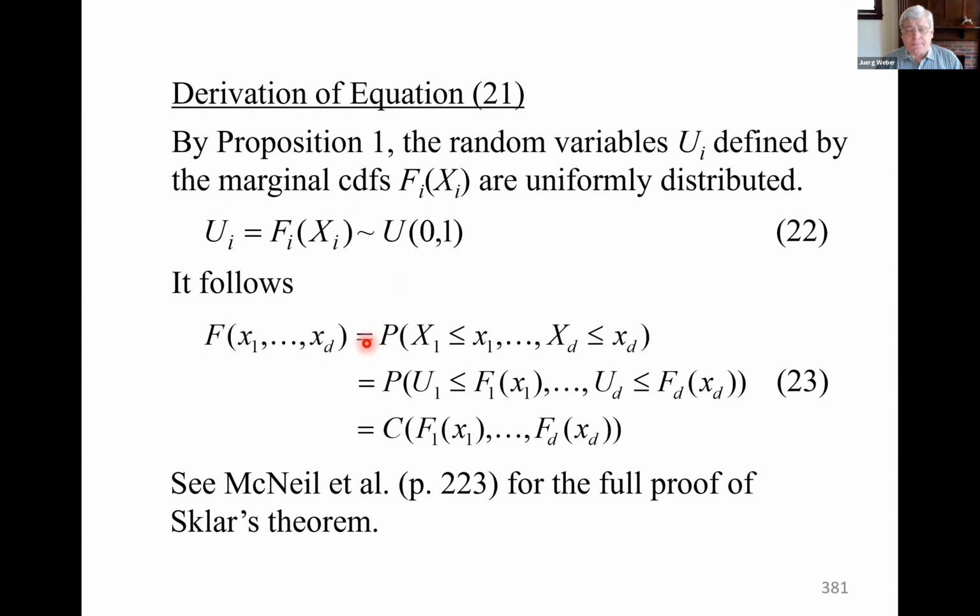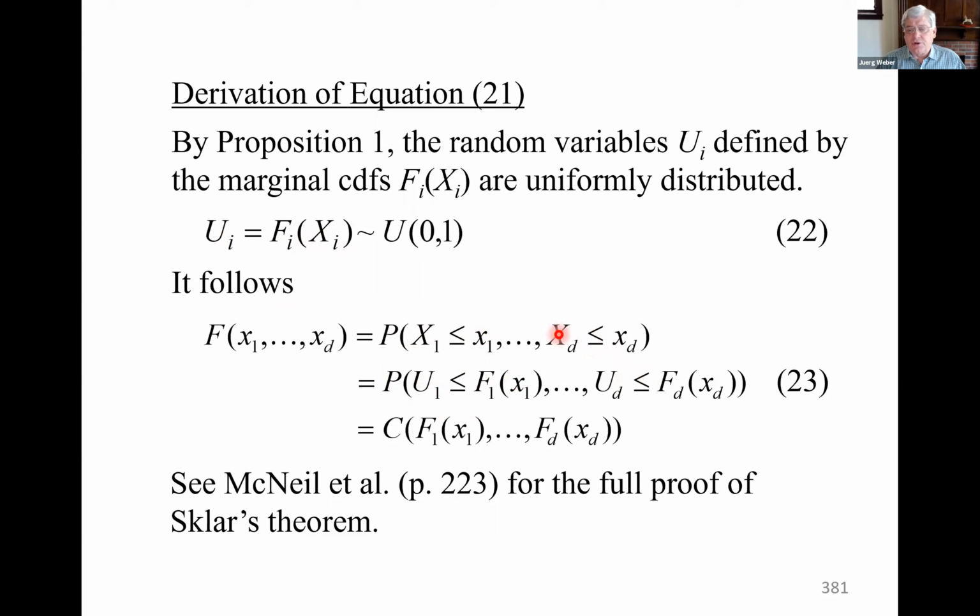And now let's apply the F1 function. If I apply the F1 function to X1, then I get the U1. So I apply the F1 function here according to 22, and I get the U1. You just write it down here, and you go up to the FD.